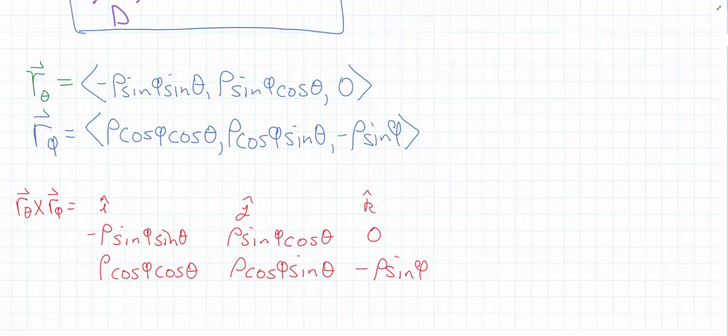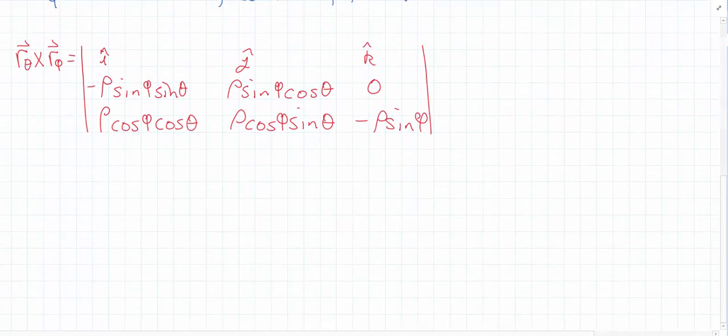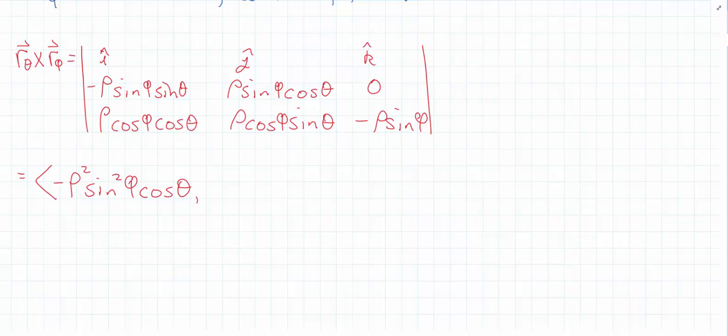Okay, so now I'm ready to compute that cross product. Taking out the first column, what we have is negative rho squared sine squared phi cosine theta. And that's it for that term.